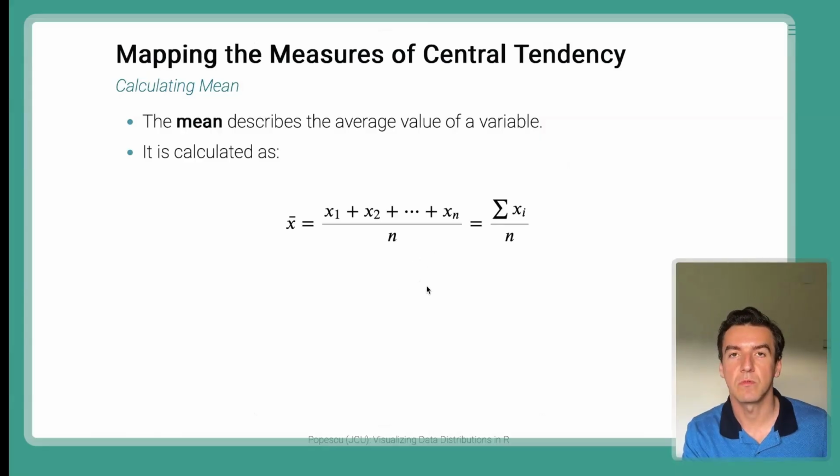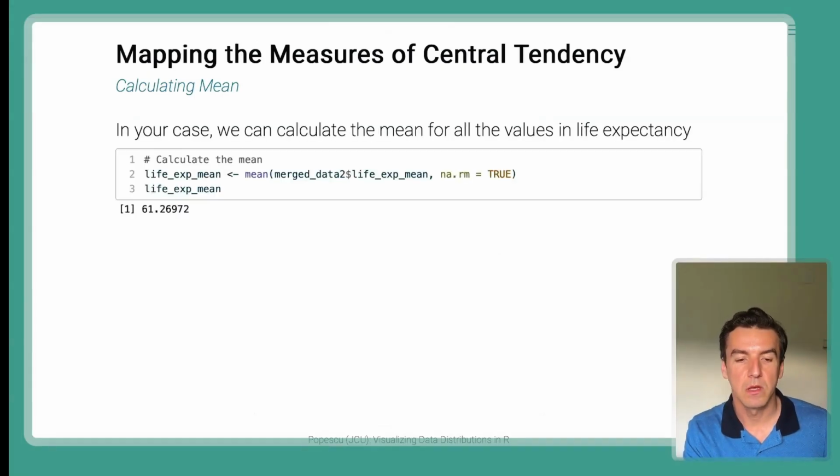This weird symbol here is the sigma notation that defines the sum. So this is our data frame, and this is our variable of interest. na.rm allows us to remove any NA values. So our mean life expectancy is 61.26.